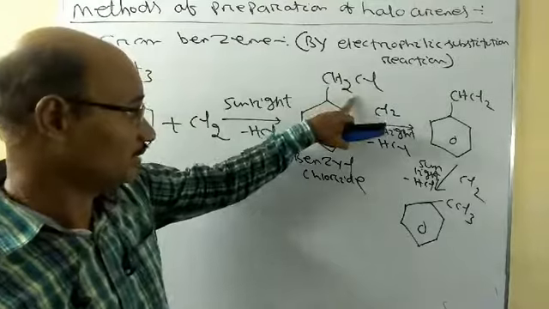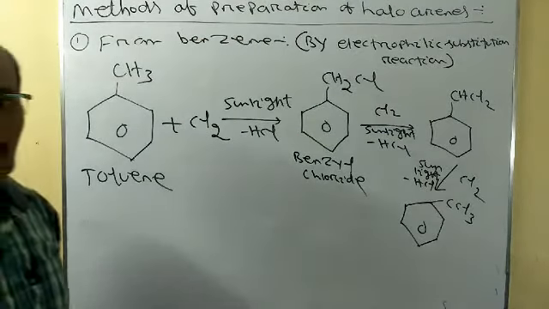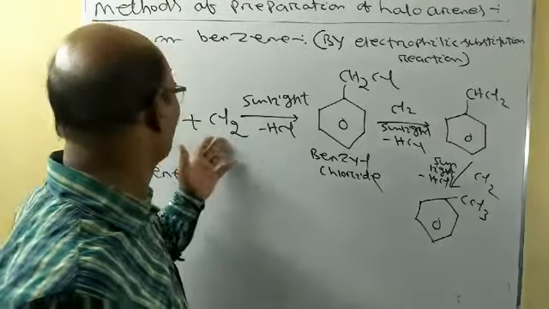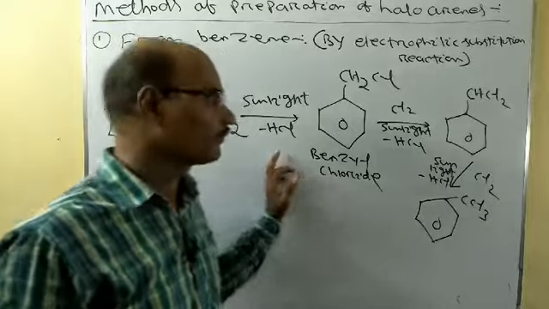We get CH2Cl, CHCl2, then CCl3 from toluene in presence of sunlight.